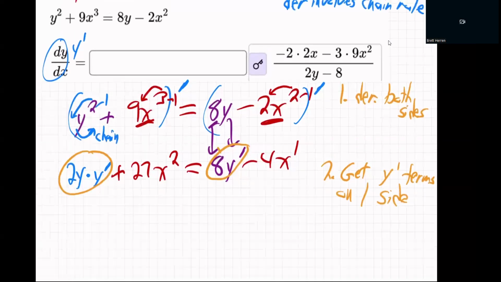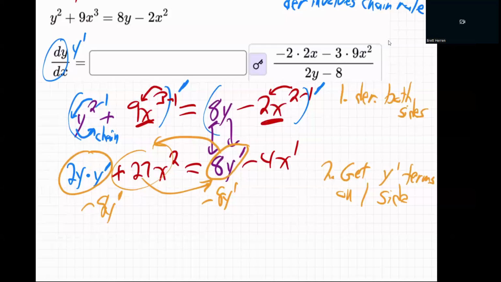So notice I'm just going to jump this guy over here, and I'm going to grab this guy and jump him back there. Remember, when things jump to the other side of the equal sign, added or subtracted terms just change signs, right? Because I'm really just subtracting 8y prime from both sides. You with me? Subtracting 8y prime from both sides.